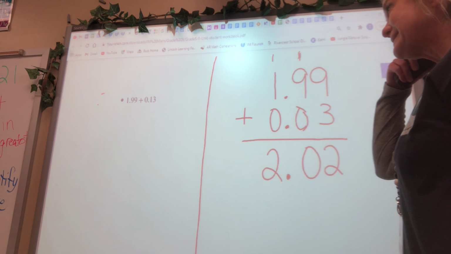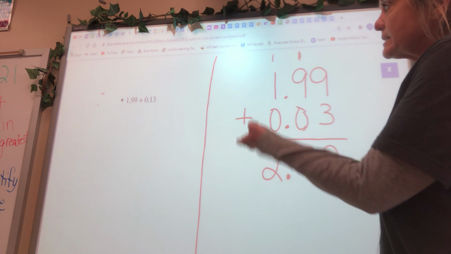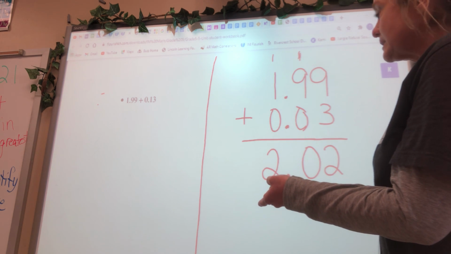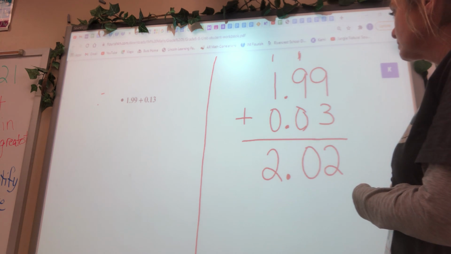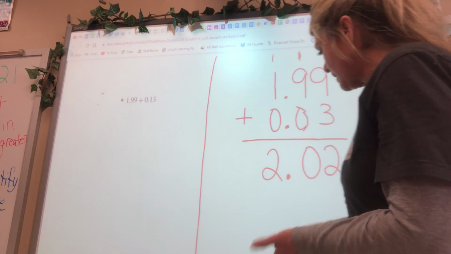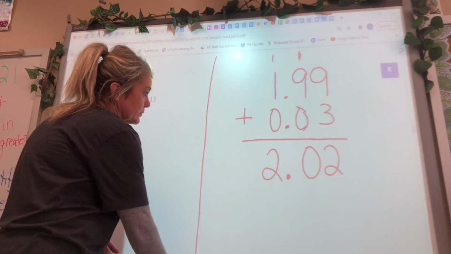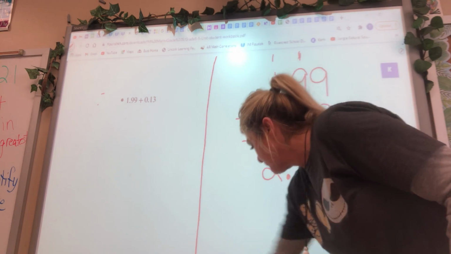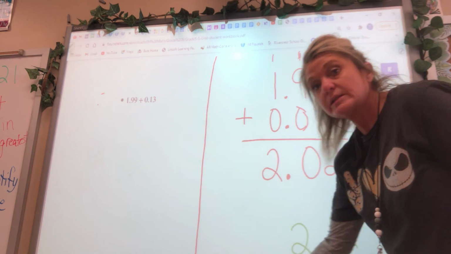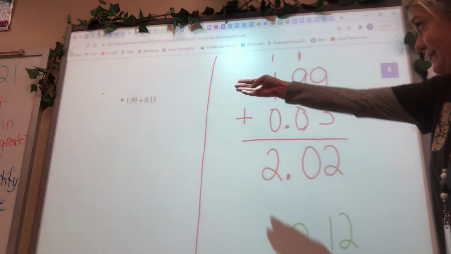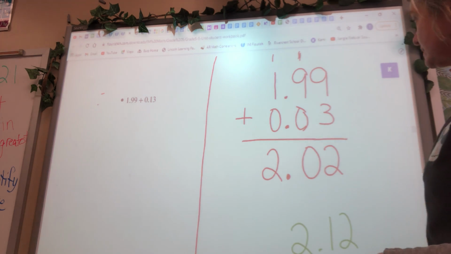So it makes sense that if I'm increasing by 10 over there, would I be increasing by 10 over here? Okay, let's just think about that. If we did, then our answer should be 2.12, okay? Because we said we were increasing by tens, because that's in the tenths place.